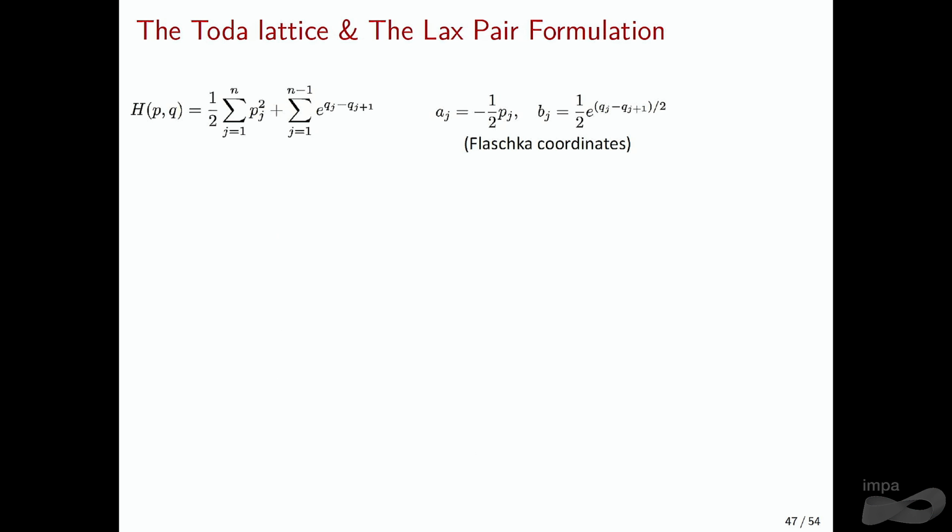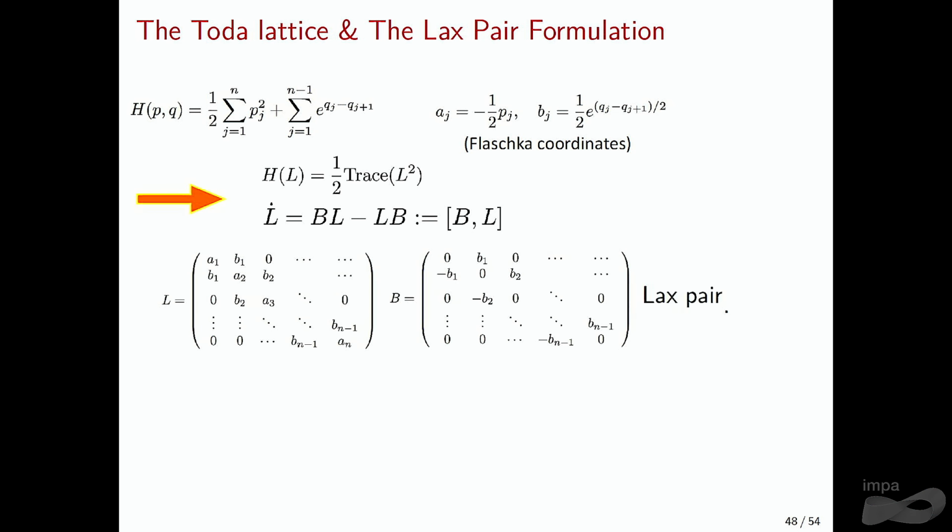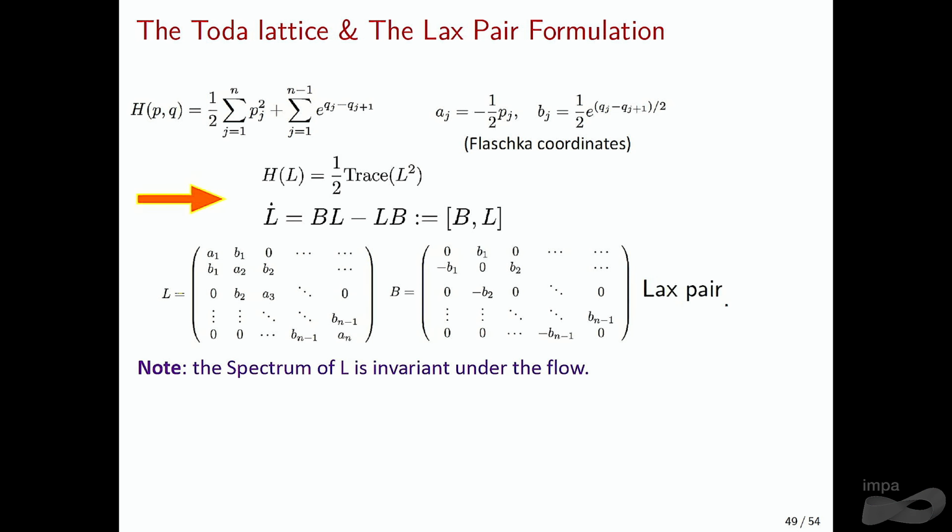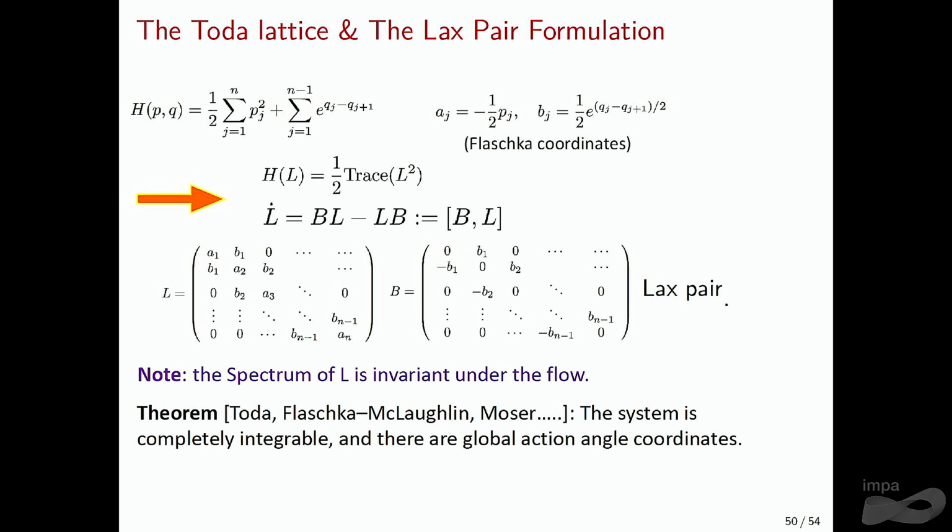But the idea is that the Toda lattice, via some clever change of coordinates, is known to be completely integrable, and one can use this Lax pair formalism to come up with global action coordinates.